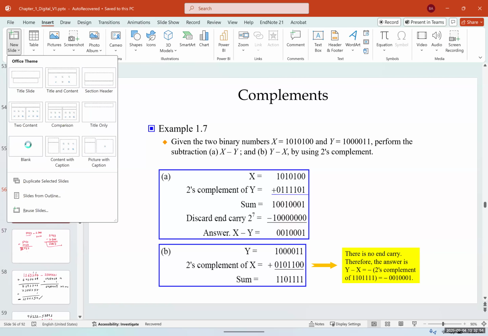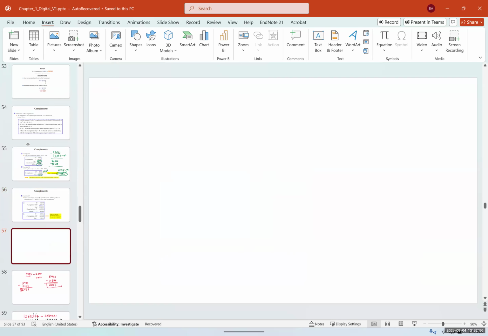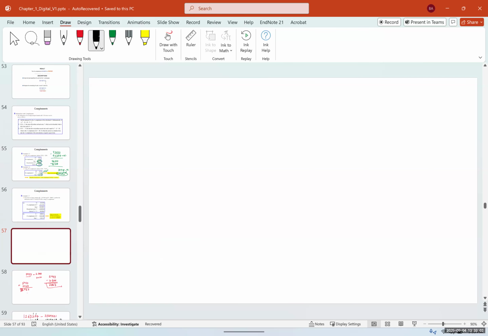Now, let me give you some practice problems. I want you to subtract 11010100 minus 1011. I will give you a few minutes to think on this.